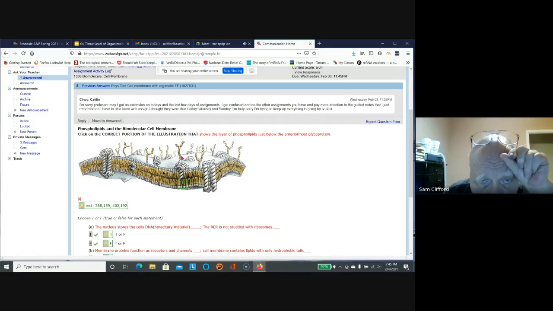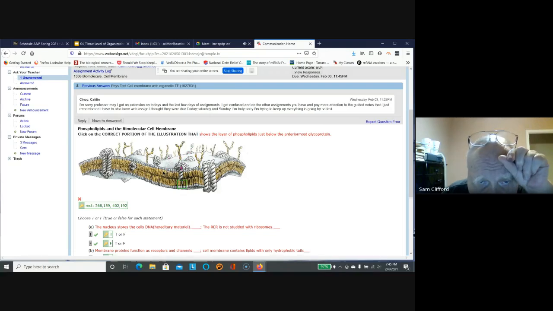This is a glycoprotein because it's attached to a protein. So the only glycoproteins in this view are here and here. All the rest, it's hard to tell.